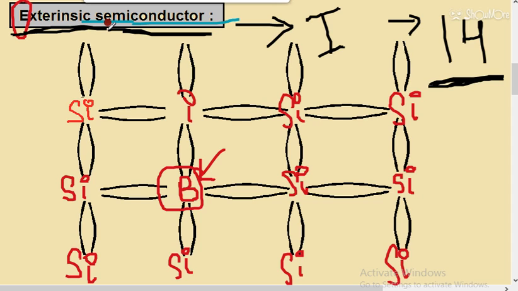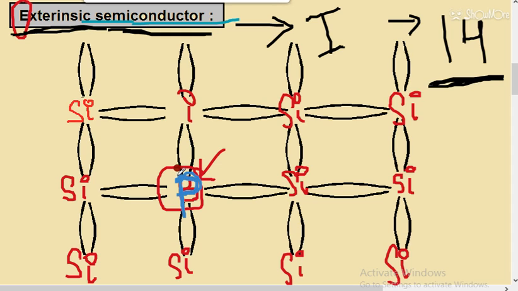Please note down the diagram first. Okay, so I hope you have noted down the diagram, and this diagram is not necessarily like this. Instead of boron, phosphorus can also be there.